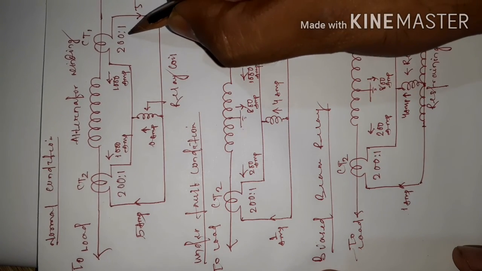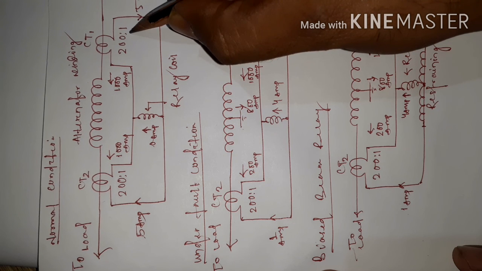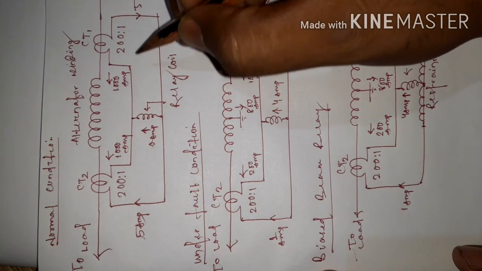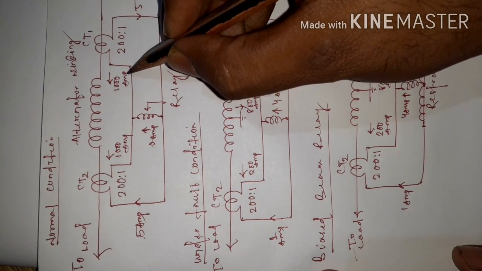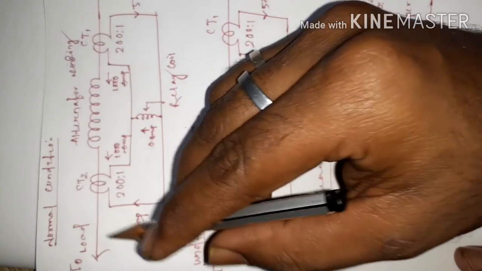Here we used a 200:1 rated current transformer at both ends of the alternator winding. Suppose under normal operating condition 1000 ampere of current is flowing through the alternator winding to the load circuit.